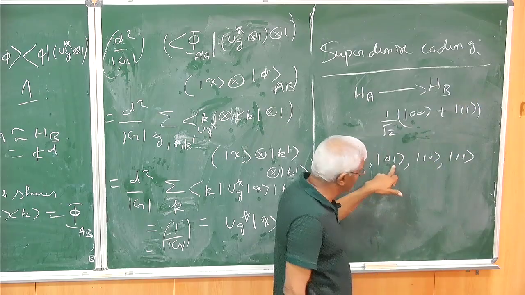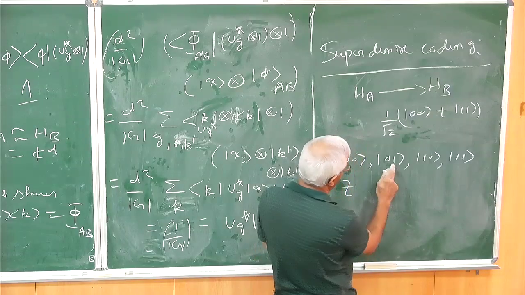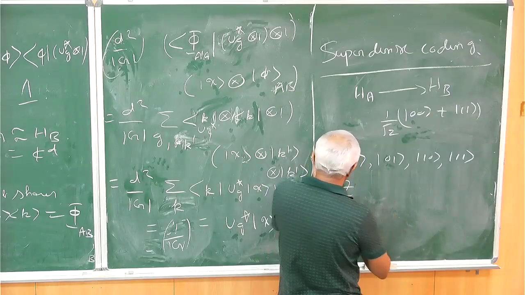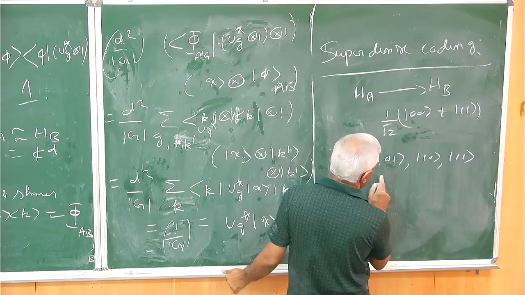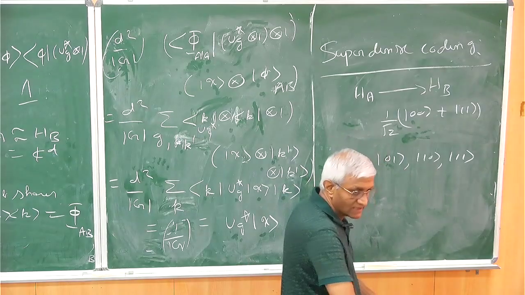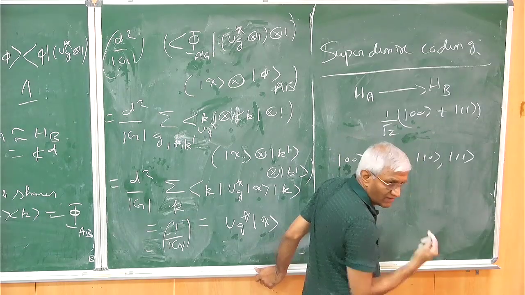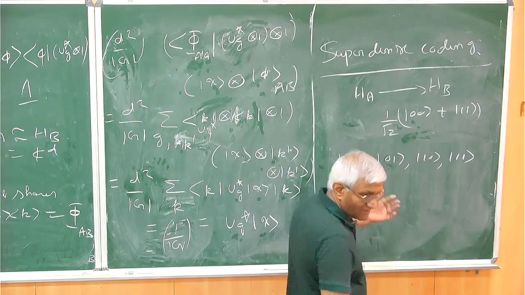If Alice wants to send 01, she applies the Z matrix on her qubit, which makes a minus sign on that term.